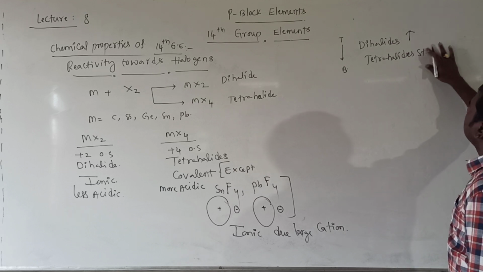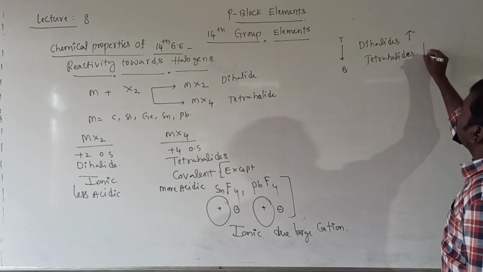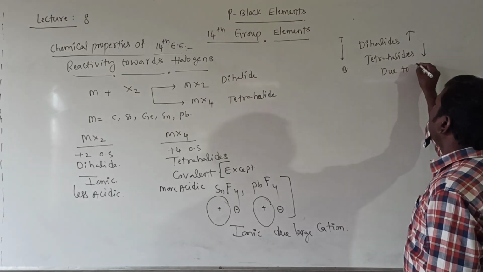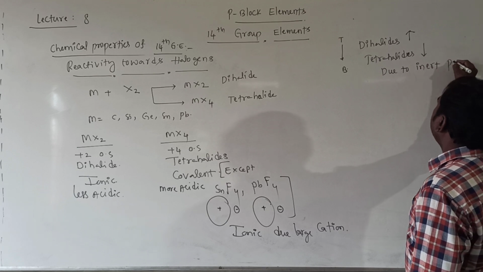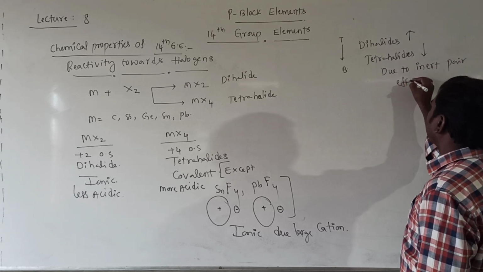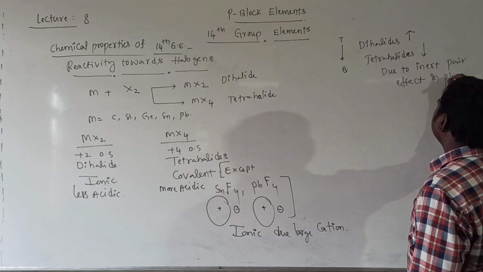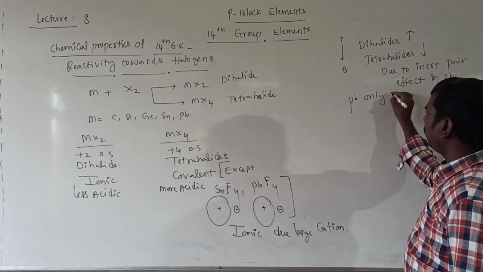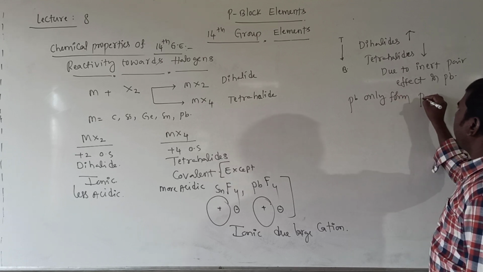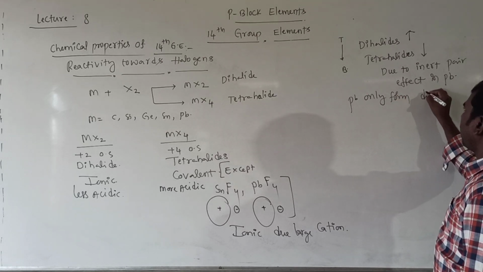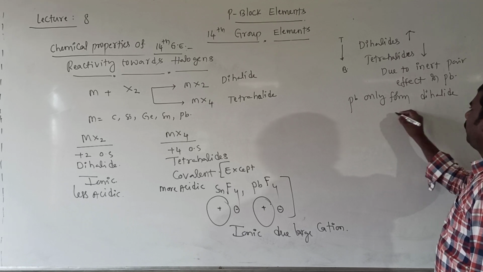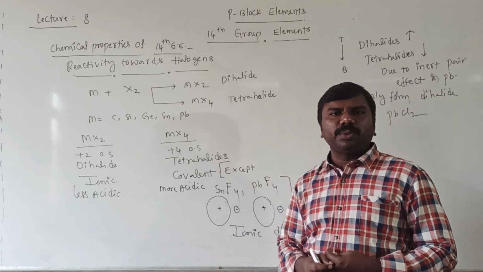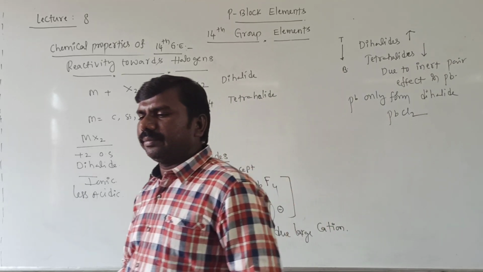Tetrahalide formation is affected by the inert pair effect in lead. Lead only forms dihalides, PbCl2, PbBr2 in +2 state due to the inert pair effect already explained.